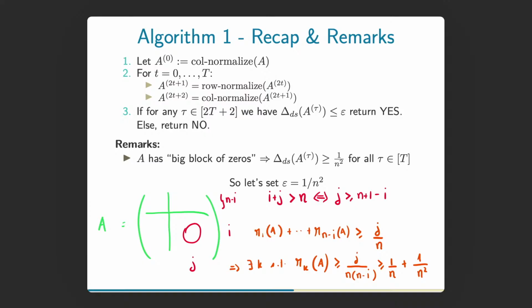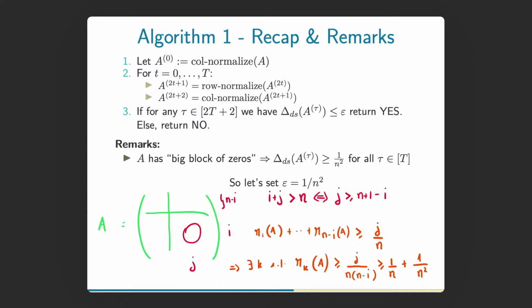So the sum of these rows is greater than or equal to j over n. But j is greater than or equal to n plus 1 minus i, which means the maximum of this is bigger than this over n minus i. And then I get my distance to doubly stochastic. Does that make sense? That's the proof. So I'm kind of this far away. And now we get our epsilon. Let's just set epsilon to be 1 over n squared.